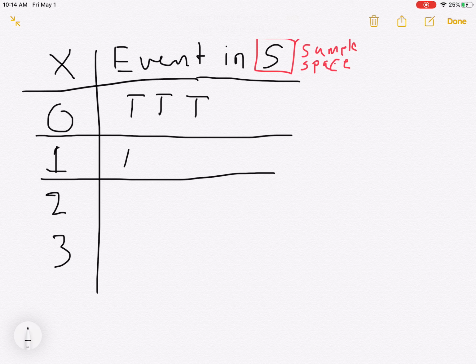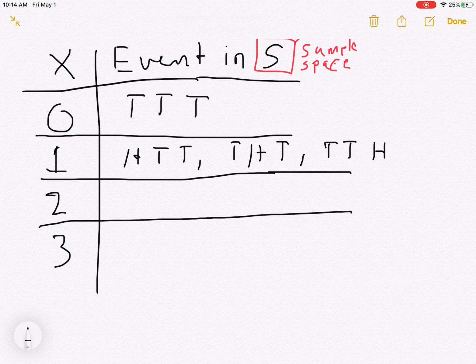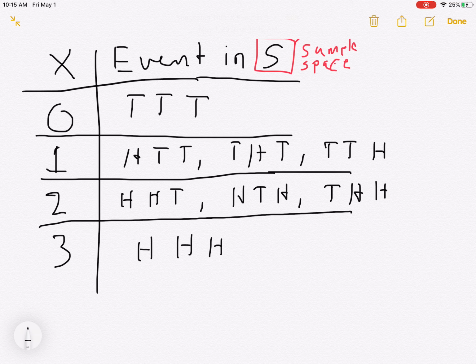It can occur in heads, tails, tails, tails, heads, tails, or it could be tails, tails, heads. For 2 heads, it can be heads, heads, tails, heads, tails, heads, or tails, heads, heads. And for the last one of all heads, it can be heads, heads, heads.